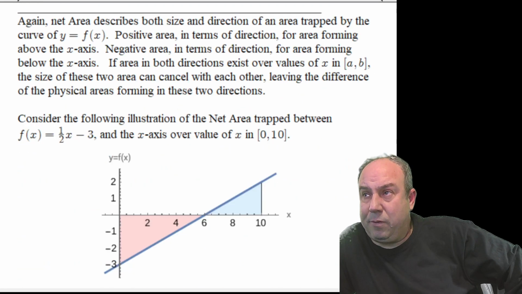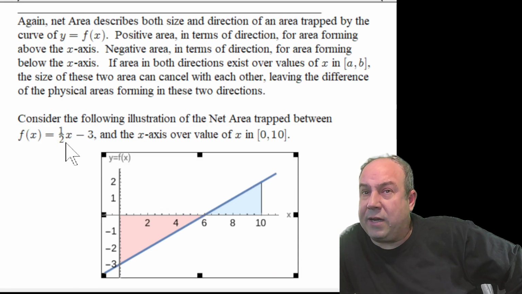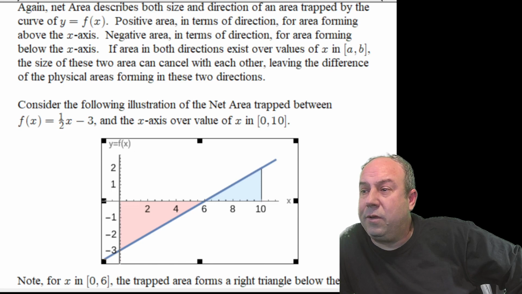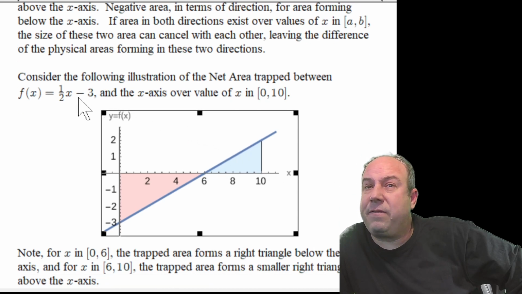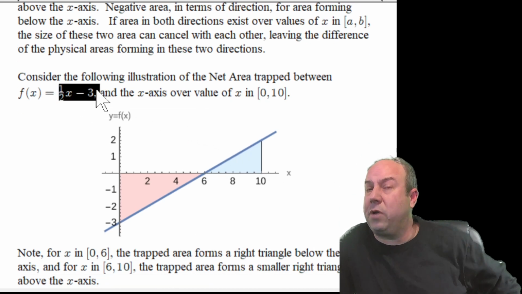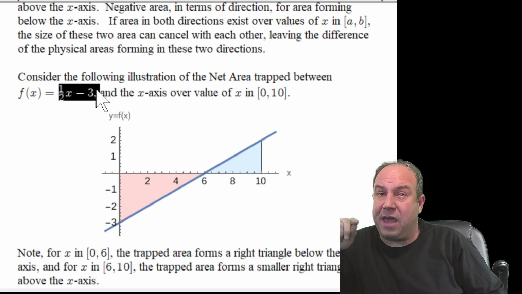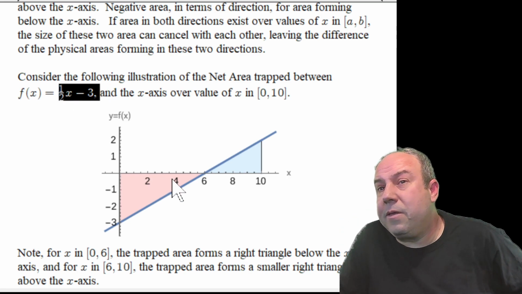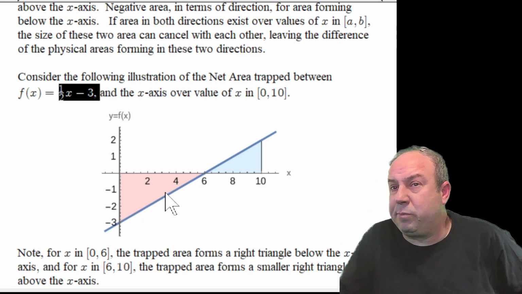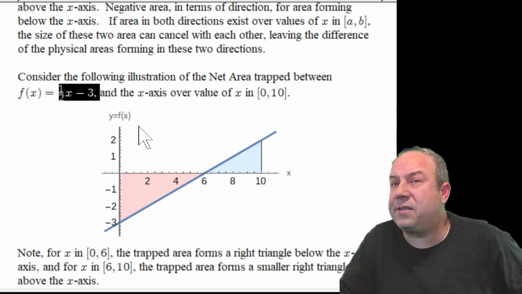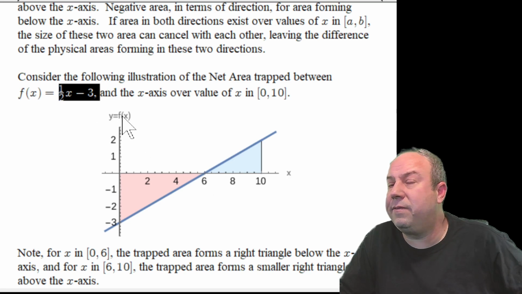For example, if instead of up here wanting the definite integral from 0 to 10 for f of x equal to 1/2 x minus 3, I wanted it for the absolute value of that quantity, this portion that forms below would actually rotate around the x-axis and now form above.